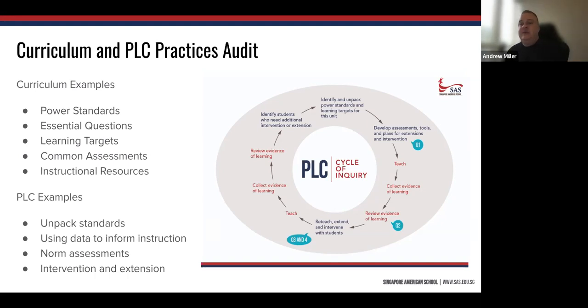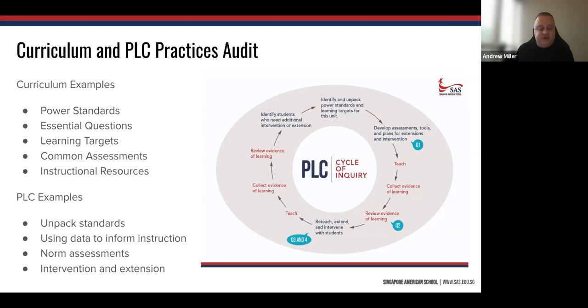The other thing we had them self-report on, and this one is hard to find out yourself, was a Likert scale of some PLC practices. I'm sure many of you are PLC schools, so none of this will be a shocker, but we know it's important to the functioning of our curriculum program that teachers are engaged in that process.